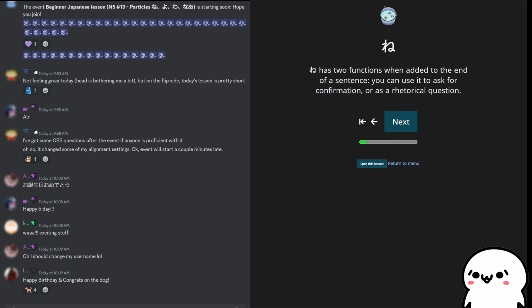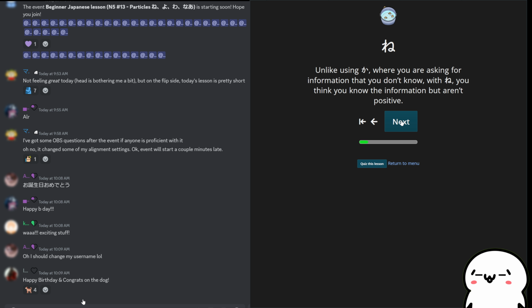And the two functions, we're going to look at actual examples of this in just a minute. And for those of you that have already done this lesson in Renshu, I'm going to re-describe it in a completely different way, and probably one of the two ways might stick with you a bit better. So you can use it to ask for confirmation or as a rhetorical question.